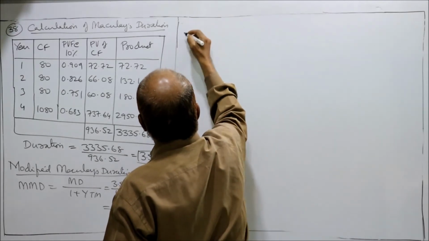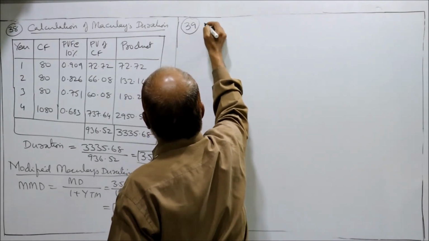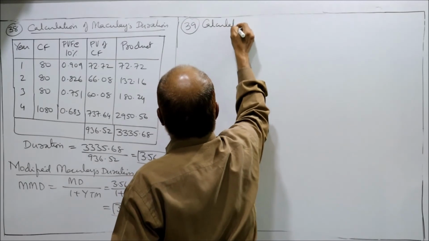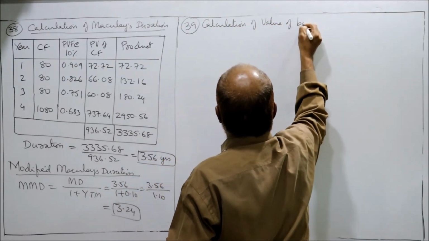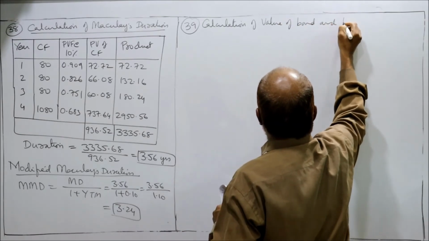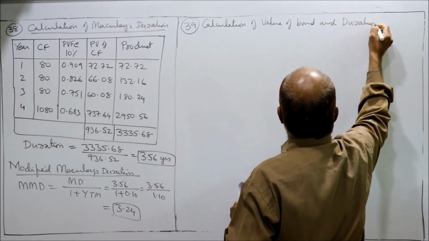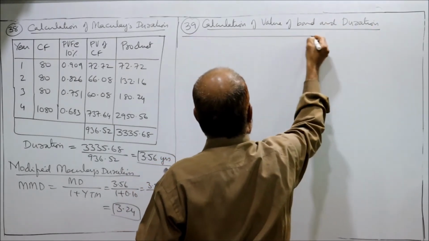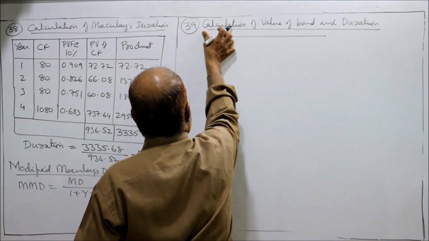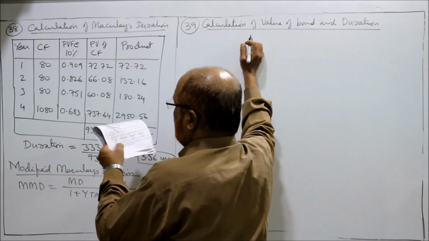So I am writing here 39th problem: calculation of value of bond and duration. First of all, bond ABC.